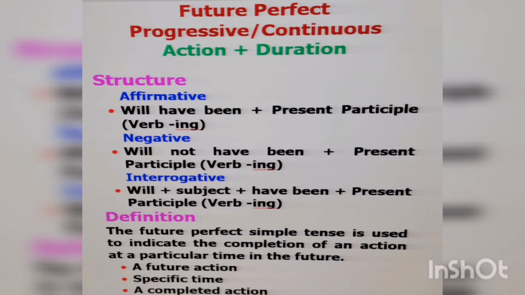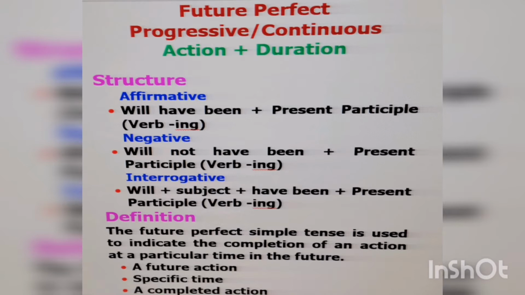Negative, we insert not, and it becomes will not have been, always followed by present participle. And the interrogative form, pay attention to the inversion here: will plus subject plus have been plus present participle. So present participle is always verb plus ing form.